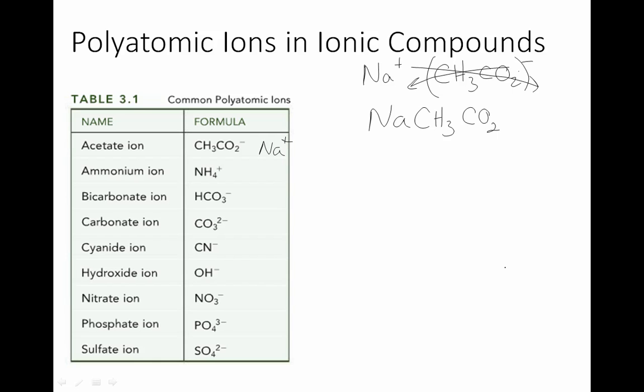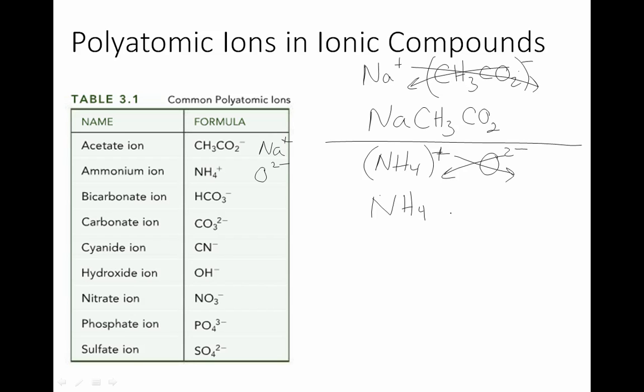Alright, let's try another one. What if we combine ammonium ion with oxygen? Oxygen forms an O2 minus. So I'm going to go ahead and draw a line. NH4, once again I recommend putting in parentheses, with O2 minus. Cross that charge.